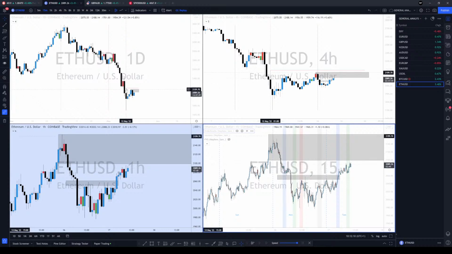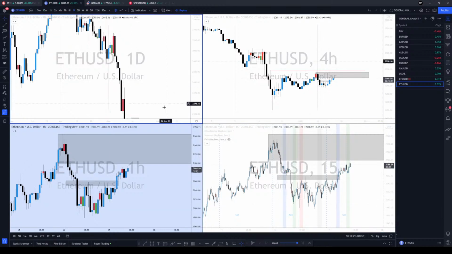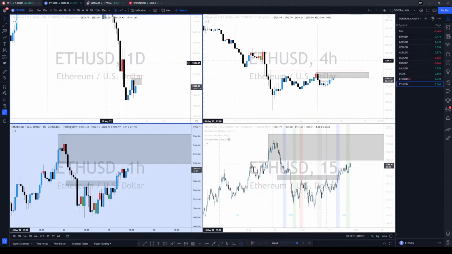It looks like they might want to attack this high before going down. Yesterday, I anticipated them going lower from this bearish order block, but they've taken out this low, right? So price couldn't confirm the continuation to the downside. Therefore, it looks like they might attack.